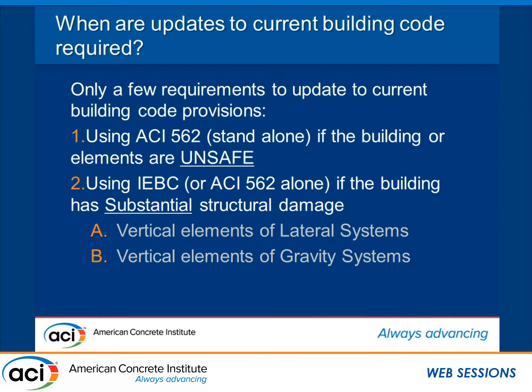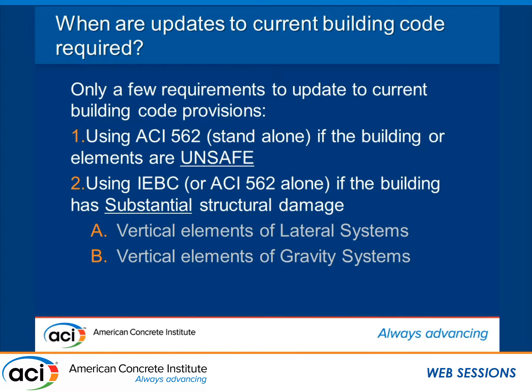When you're using the IEBC or 562 alone also, if the building has substantial structural damage to vertical elements, and that's the limit, to vertical elements of the lateral systems when they are damaged by earthquake or wind loads, or to vertical elements of the gravity system.